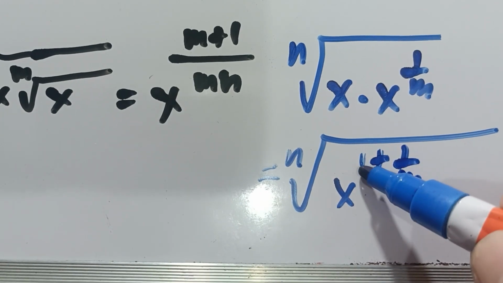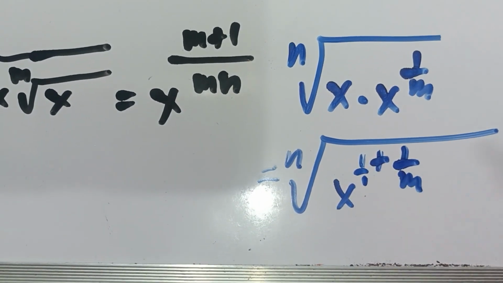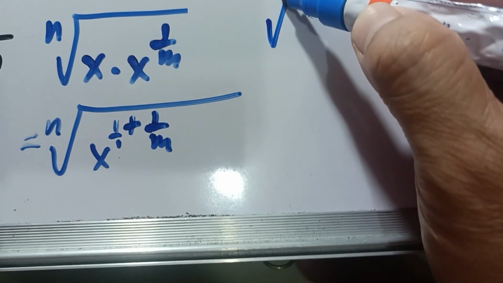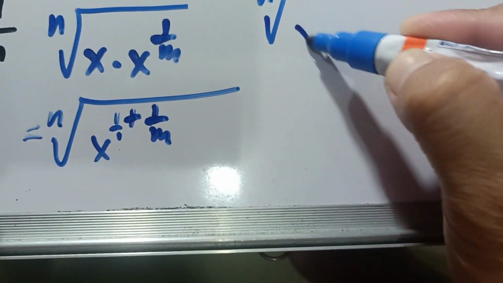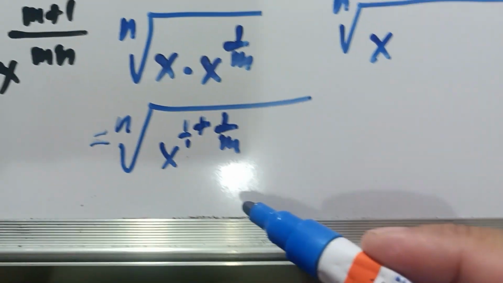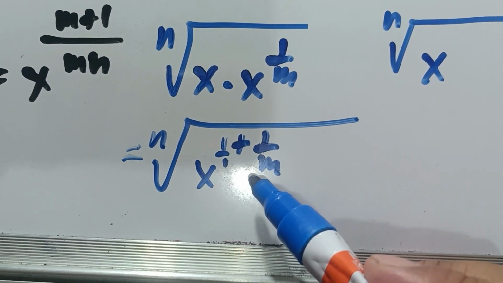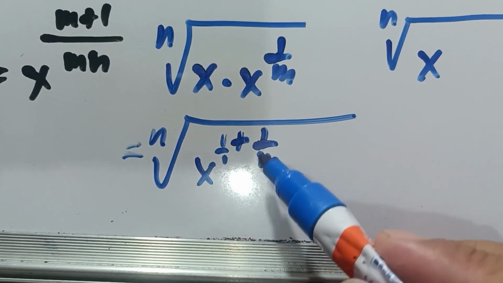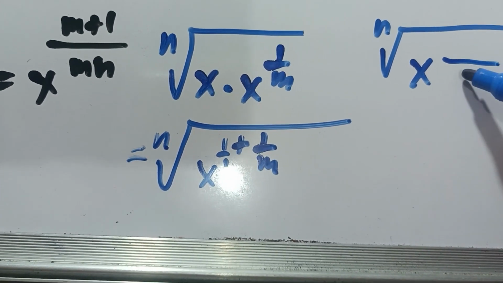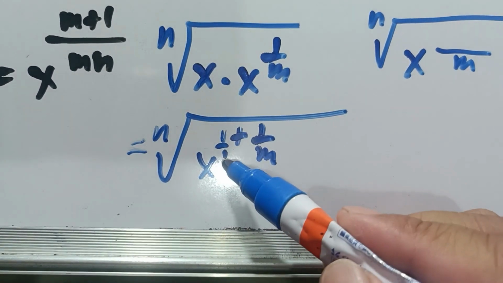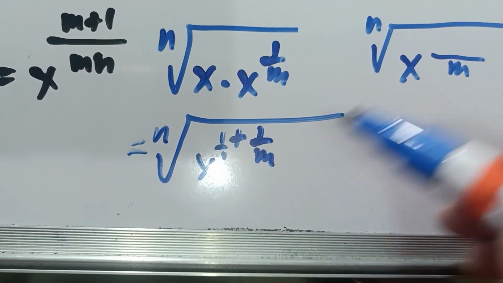Okay, and this also has an imaginary 1 over 1, so the LCD is m. m divided by 1 equals m times 1 equals m.